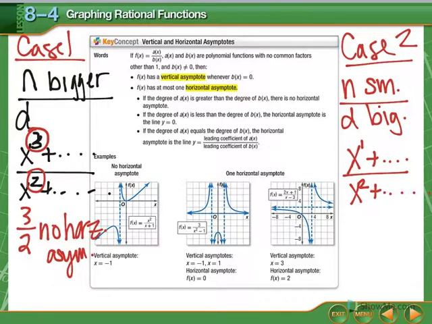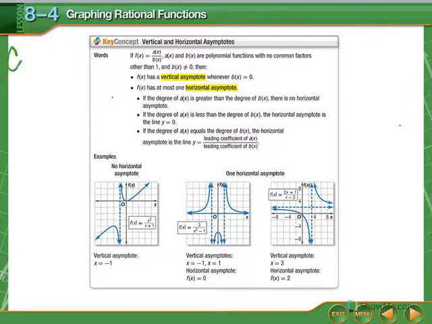The leading degree on top is 1 and the biggest degree on bottom is 2. 1 is smaller than 2, so that means your horizontal asymptote is going to be 0. So that's case 1 and that's case 2.